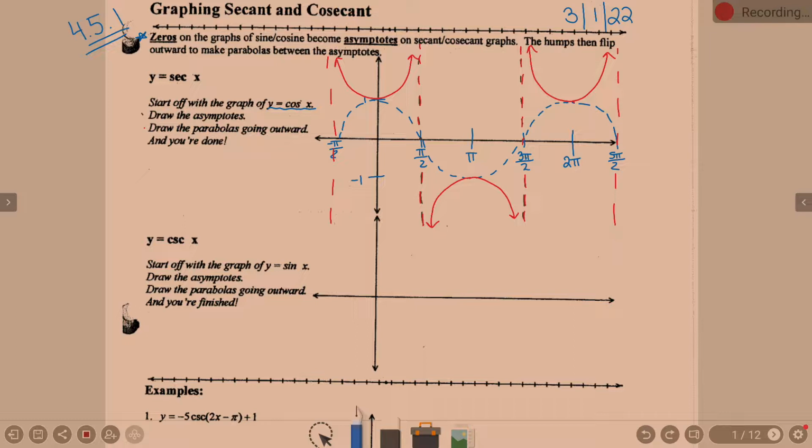Cosecant. The one beginning with C is the reciprocal of sine. So what do I have to graph first? Sine. Sine, just like cosine, has a period of 2 pi. The middle of 2 pi is pi. Middle of 0 and pi is pi over 2.